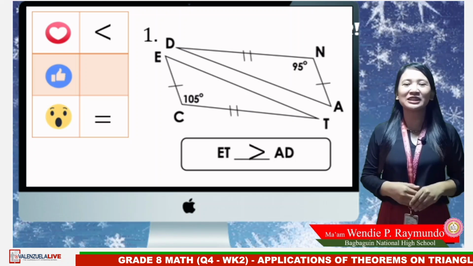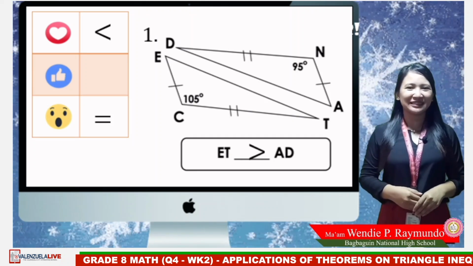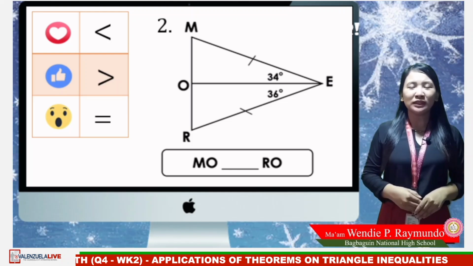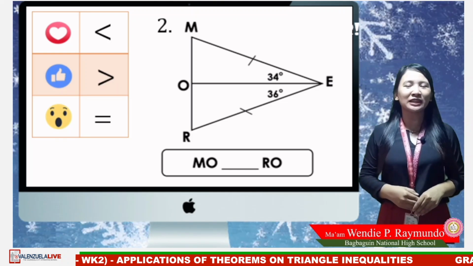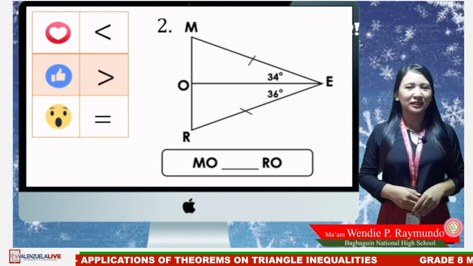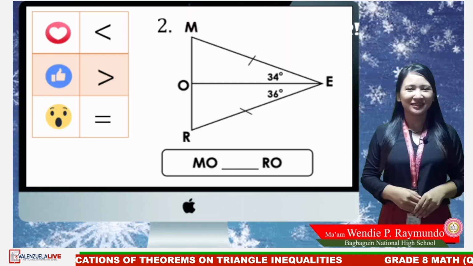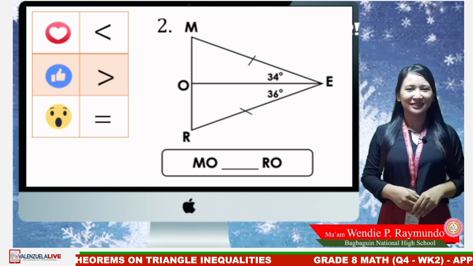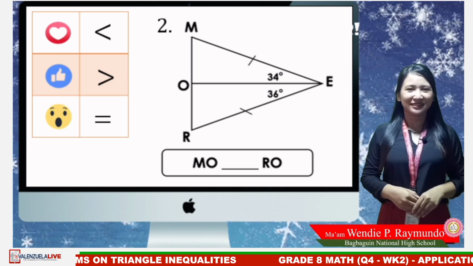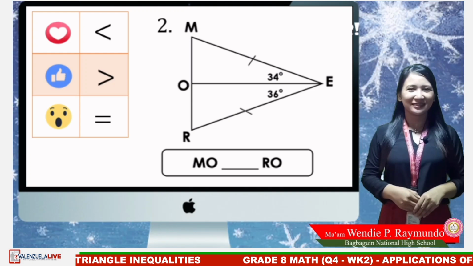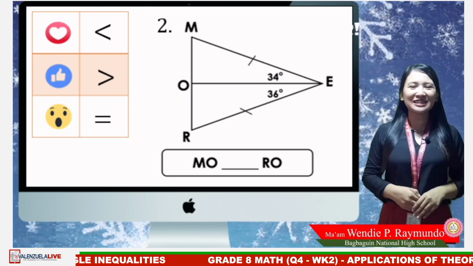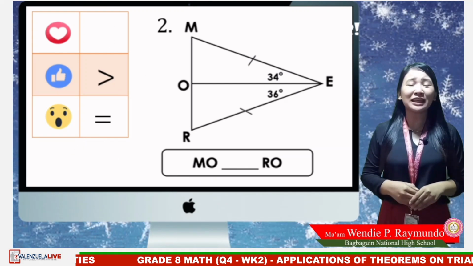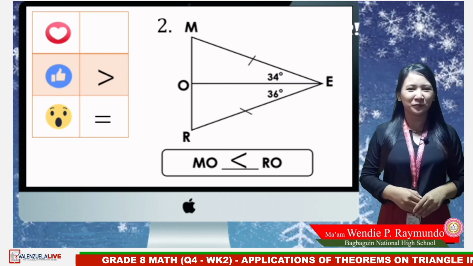AT is greater than AD. Number 2. Side MO is blank to side RO. And the answer is heart. Side MO is less than side RO.